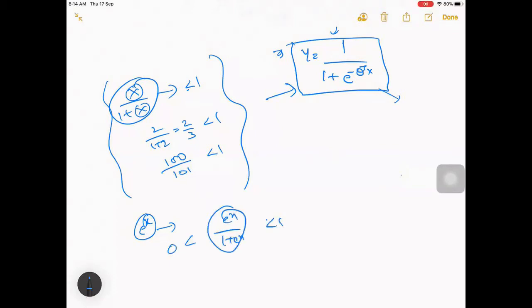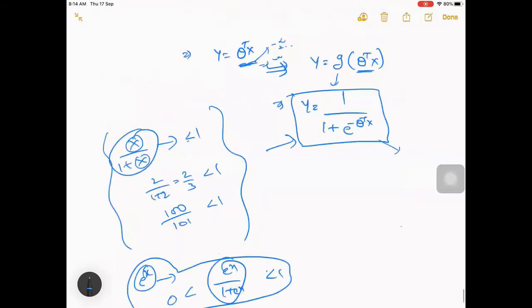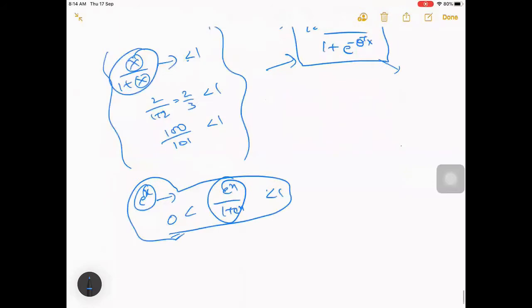So your final value will be within 0 to 1. This is what we need. Even for negative values, e power something, like e power minus 10, will still be 0.something, but it is not negative.